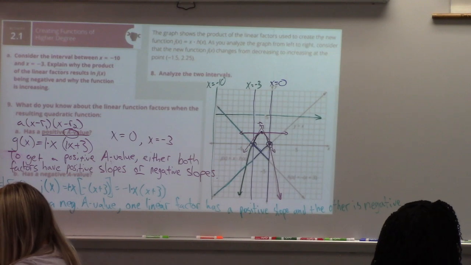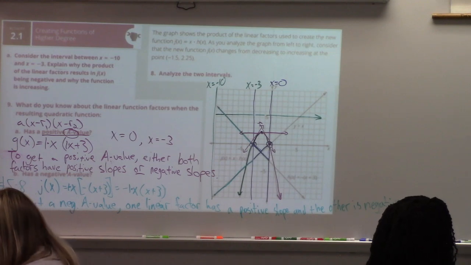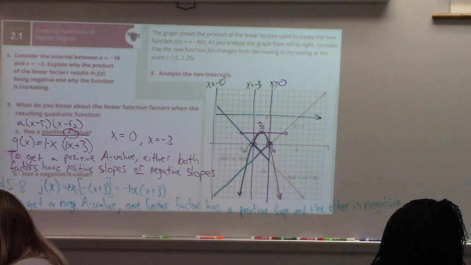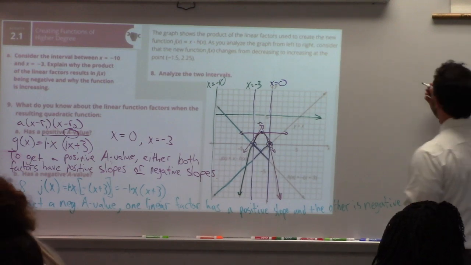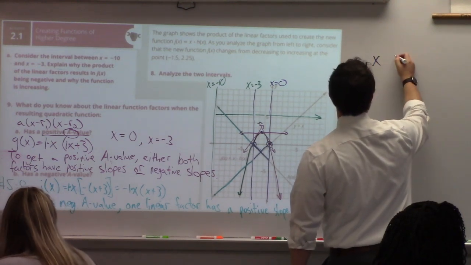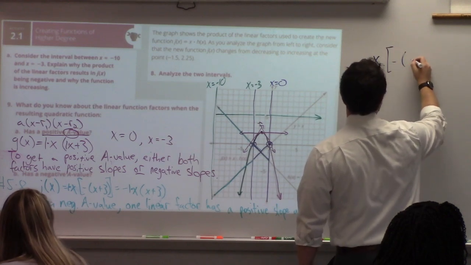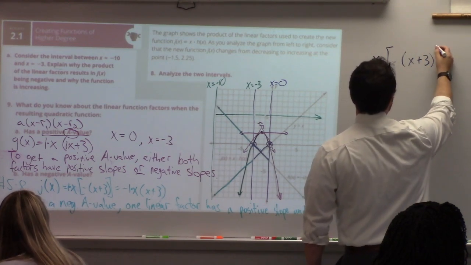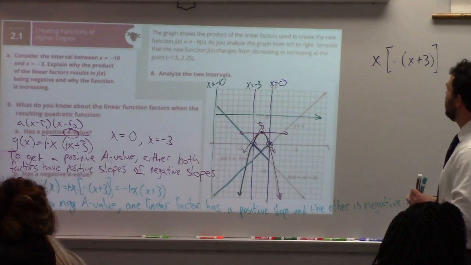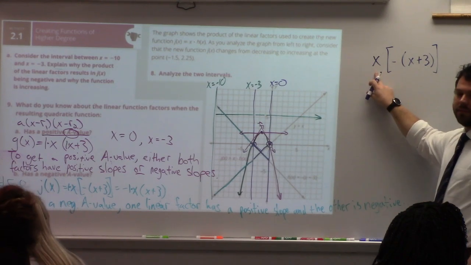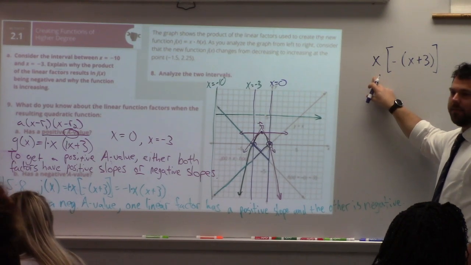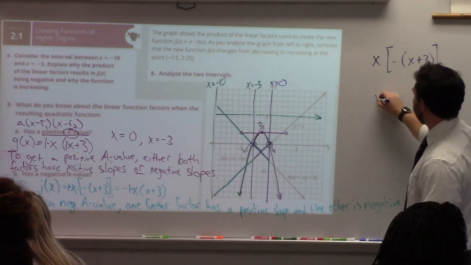Yeah. Okay, so let me ask you this. What are your questions at this point before we move on to activity 2.2? Nothing, for me. Say again. That's a good question. So remember, if I have x and negative times x plus 3, Caitlin asked, where does the slope come from? So remember, this is the first linear factor, right? And if you were to think about a line, what's the general equation of a line?